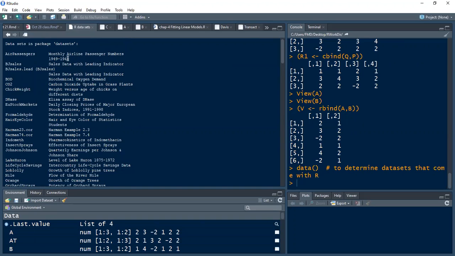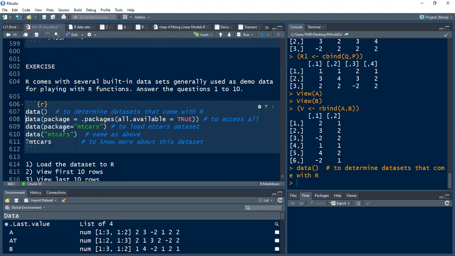This is one of the data sets that we're going to use. So that code, data, will give us what are the data sets that come with R.